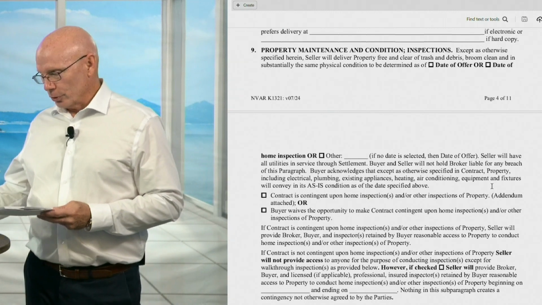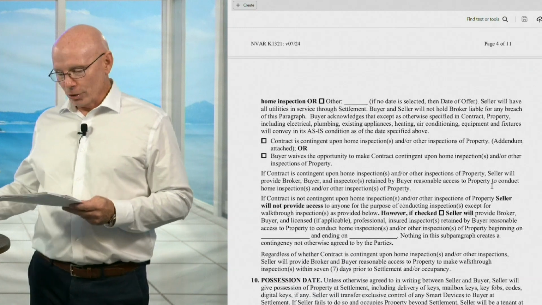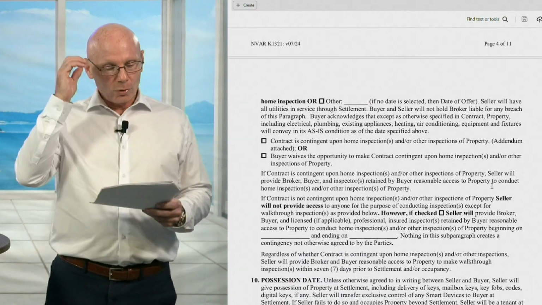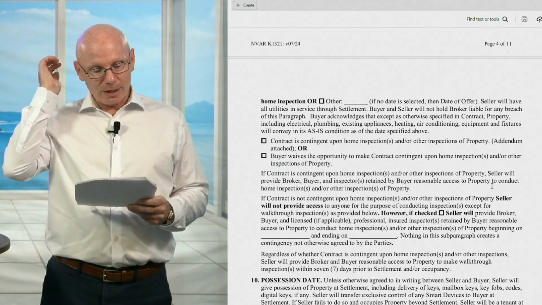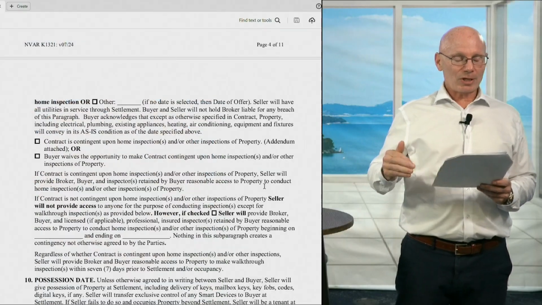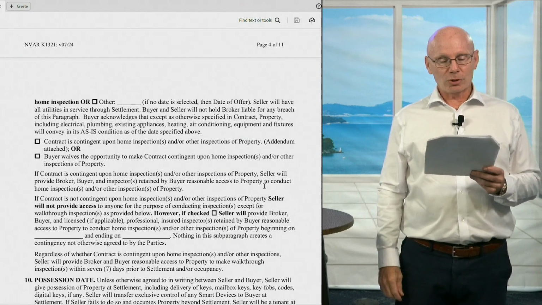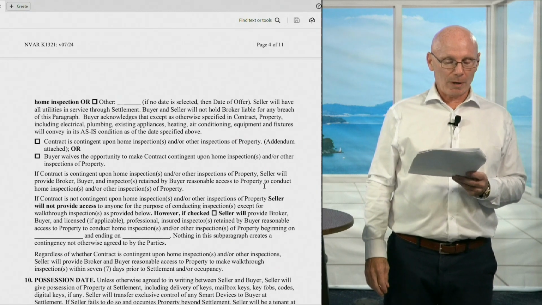So you continue on and you're going to put in here the date of the home inspection, and you're going to say whether or not this contract is contingent on a home inspection, or your buyer waives the opportunity to make it contingent on a home inspection.